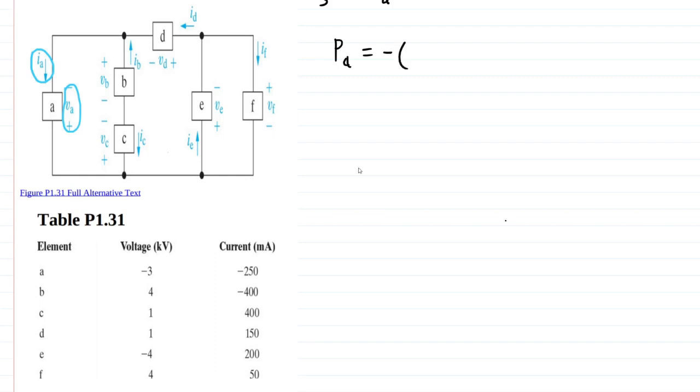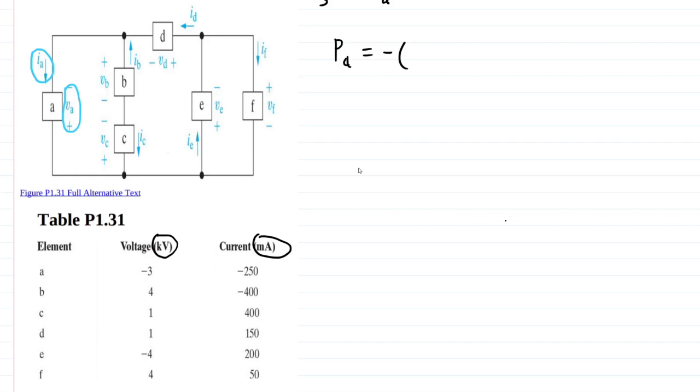So anyway, we also have to notice we have kilovolts, which is thousands of volts, and milliamps, which is thousandths of amps. So when we have kilovolts and milliamps, if you multiply them straight together, it'll work out because they'll be dividing and multiplying by 1,000.